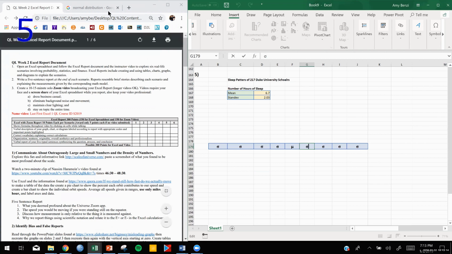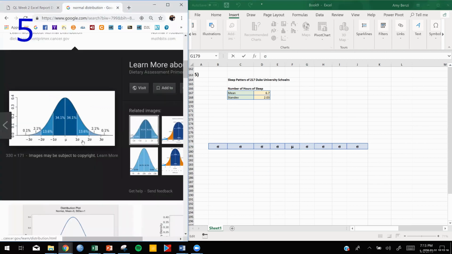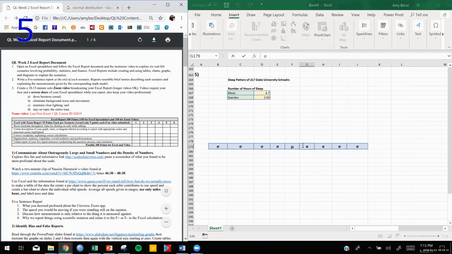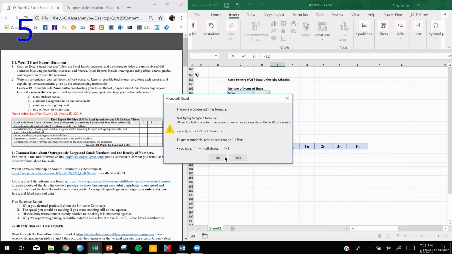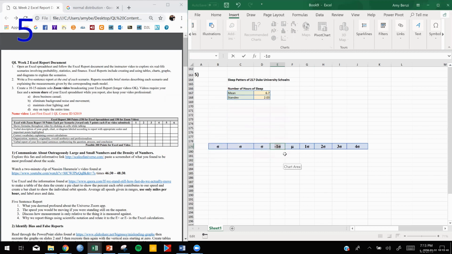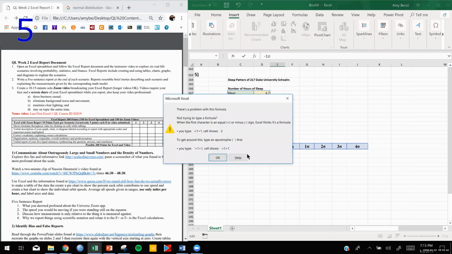How is this notated on my bell-shaped curve? The 1 goes first and then the sigma. So I'm going to put 1. And then on this side, I'm going to have -1. All right, Excel does not like that I put that negative sign there. It thinks I want to do something.